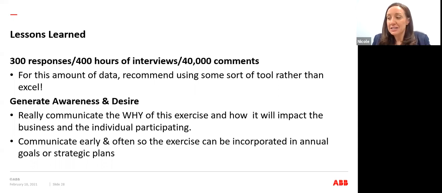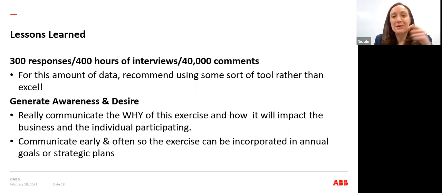Honestly, when I was doing it, I didn't necessarily see the importance of it. Now, as I'm presenting to you, and I see that we took these responses and made these goals, and now these goals are trickling down to the local organizations, I totally see the benefit. I'm totally on board. But I will admit to you, at the time, I was not on board. I did it because I had to do it.